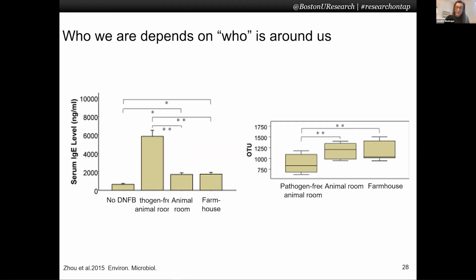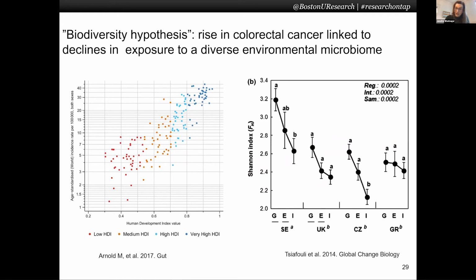Next slide. There's something called the Biodiversity Hypothesis, which suggests that the rise in certain cancers, for example, colorectal cancer, might be linked to declines in exposure to a diverse environmental microbiome. And you can see that here.